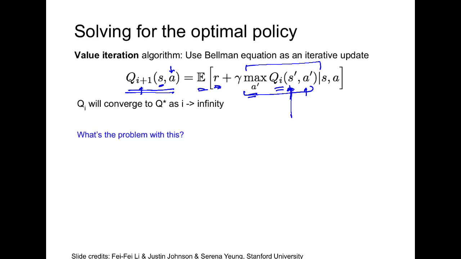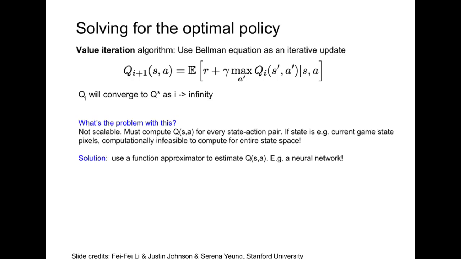Now, what's the problem with this? Why will this not work? The issue is that we can have a very large number of states, and computing this Q of s, a for every state action pair becomes cumbersome. It requires a lot of time to visit those states.